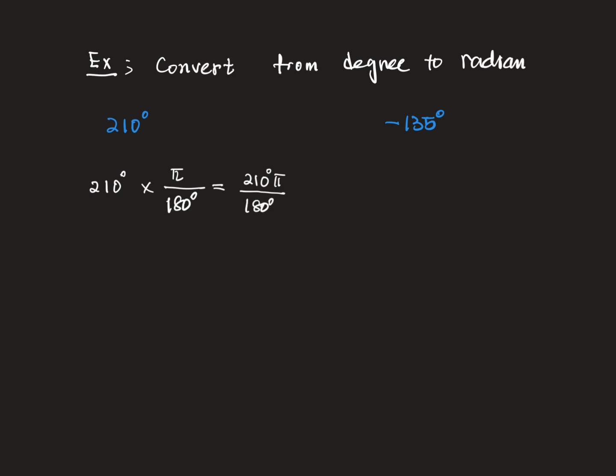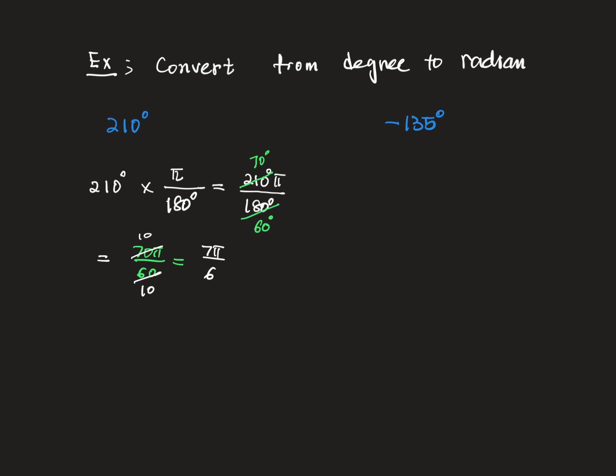Usually radian is going to be in fraction form. So for the fraction, you divide by 3 here. That's 70, and here divided by 3 is 60. So 70 pi over 60. Then you divide one more time by 10, that's going to be 7 pi over 6. That's how you change 210 degrees to radians, 7 pi over 6.